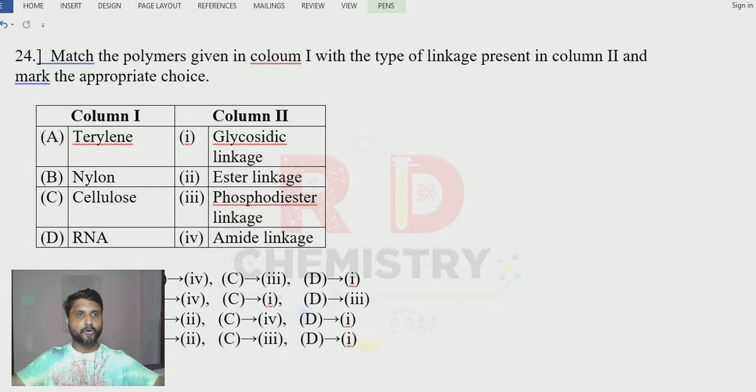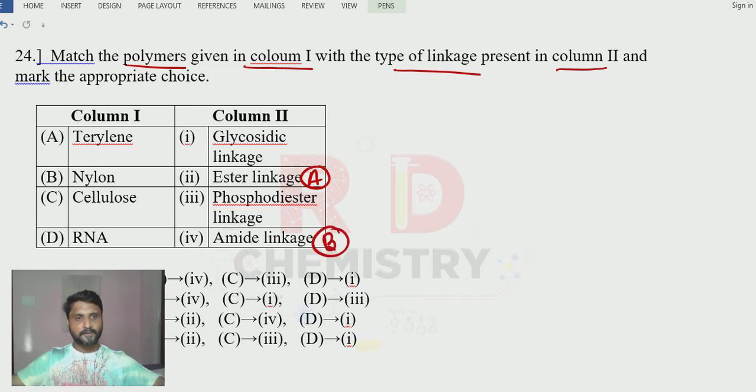Question number 24. Match the polymer given in column 1 with the type of linkage present in column 2. Now, first one is terylene. Terylene is a polyester, therefore ester linkage for terylene. Nylon is a polyamide, so therefore amide linkage is there.